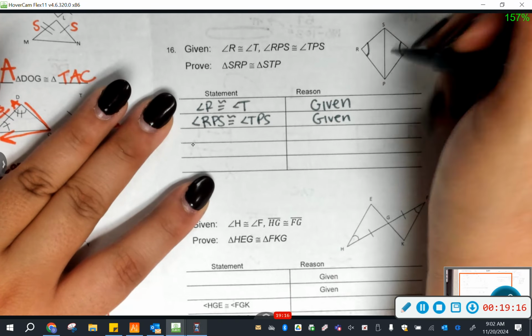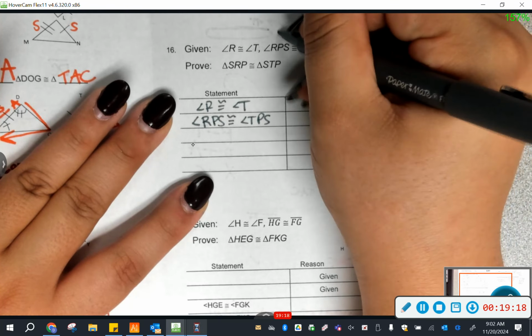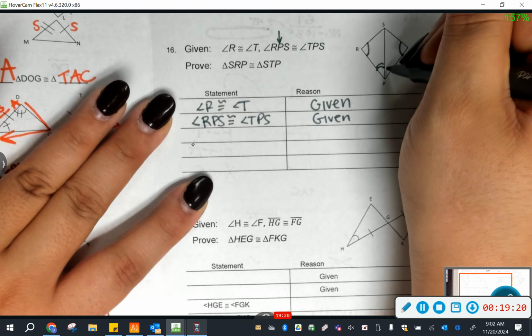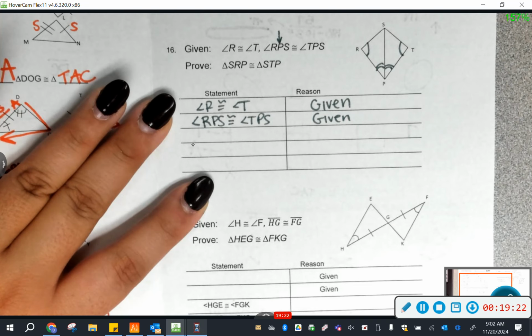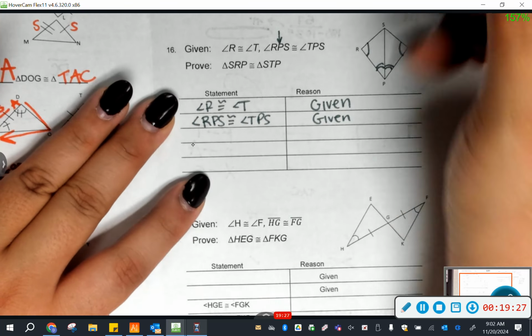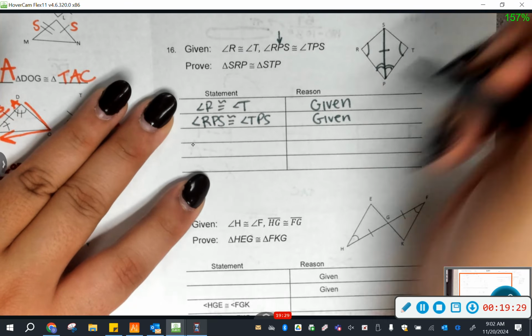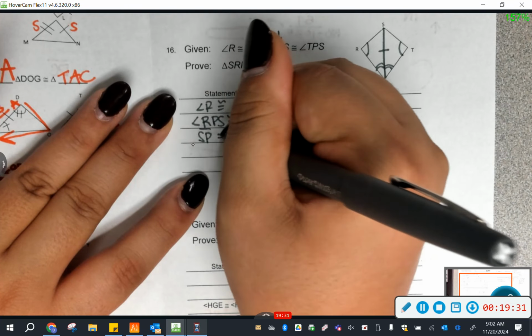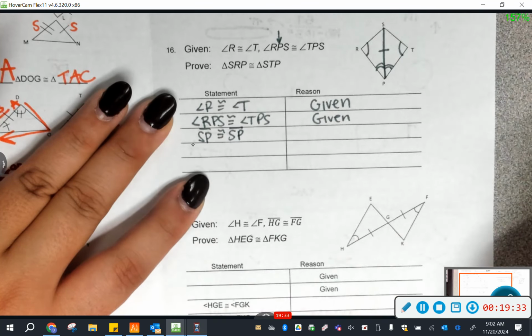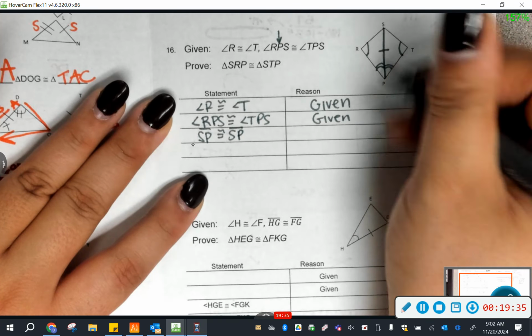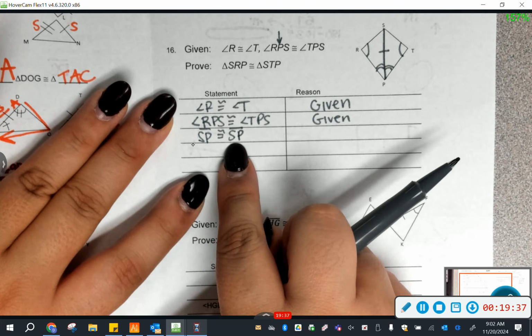I marked that. R, remember you look at your middle letter. RPS is congruent to TPS. What else do I know about this picture here? That middle line, I can add SP is congruent to SP. What's my reason on that? If SP is congruent to SP, what's the reason?